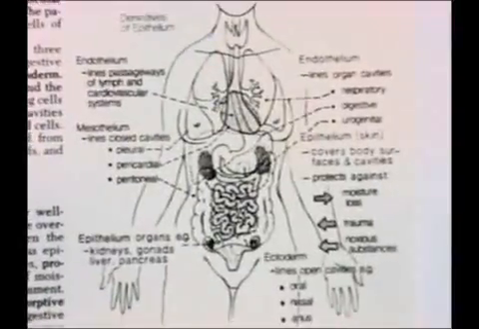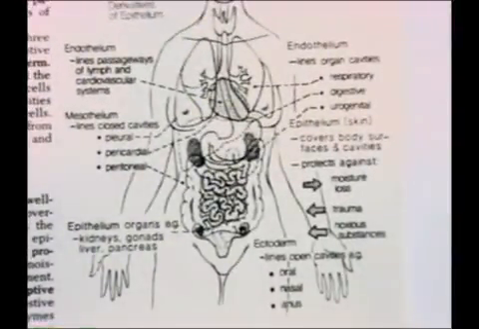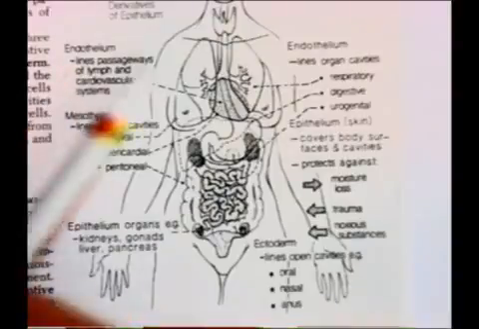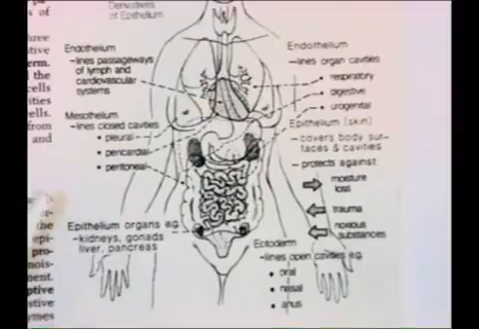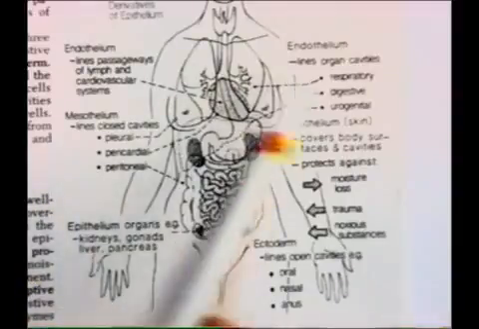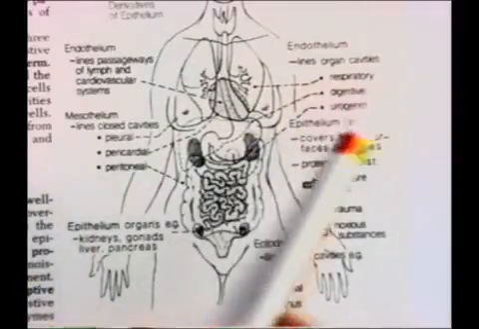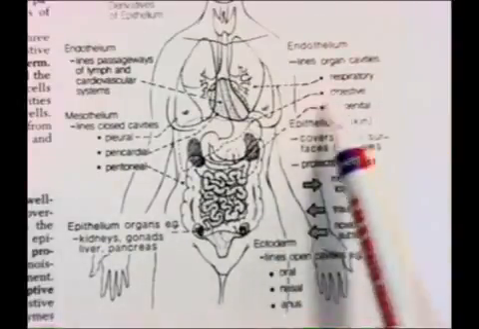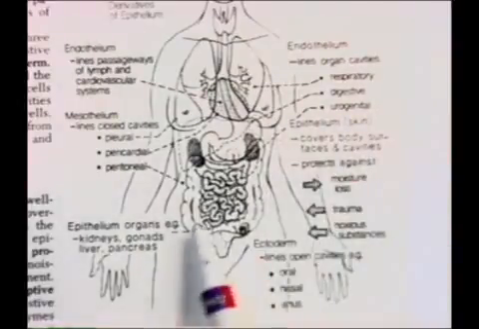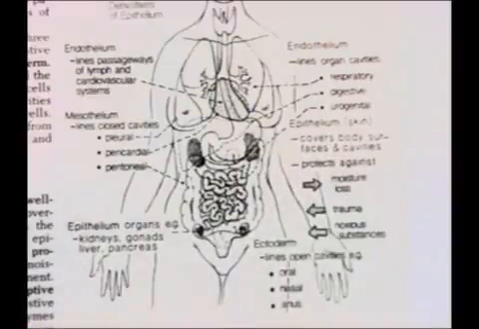If you see this picture, you will see the endothelium that lines the passageways of the lymph and cardiovascular system. Endothelium also lines the organ cavities, the respiratory, digestive, and urogenital cavities, and there is the epithelium covering the skin.